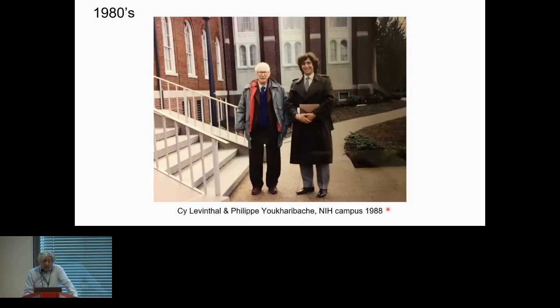Now, fast forward 20 years, in the 80s, I was privileged to join Cy Leventhal at Columbia University, thanks to Barry Honig, also at Columbia. And this picture is interesting to me, first of all, because that's the only one I have with him, but also because it's a point in time and space.